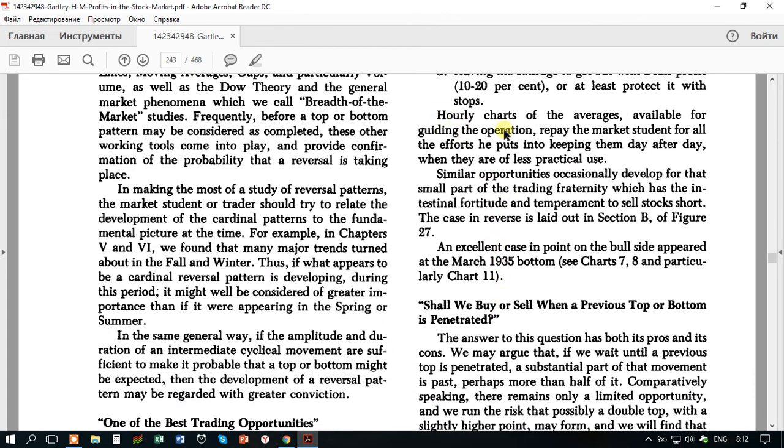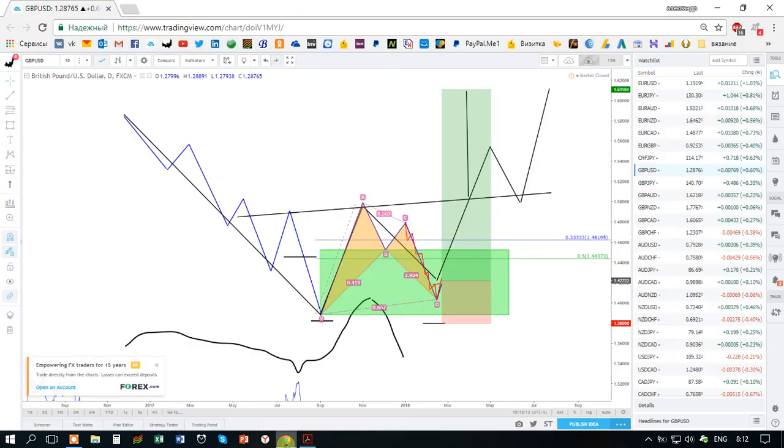And then he explains that hourly charts of the average are available for guiding the operation, and repay the market students for all the efforts he puts into keeping them, though day after day they are of less practical use. So you won't have those setups every day, especially with this volume and those ratios, those zigzag formations at the top or the bottom of the trend. You won't have them every day.